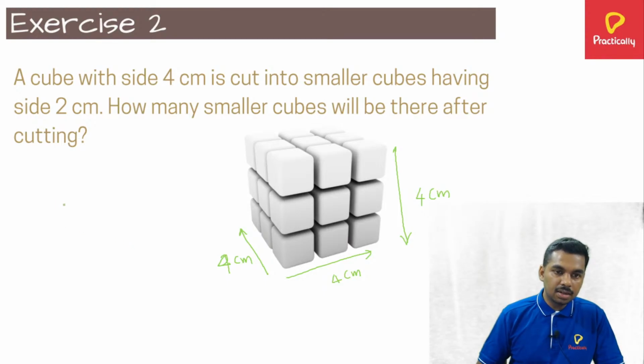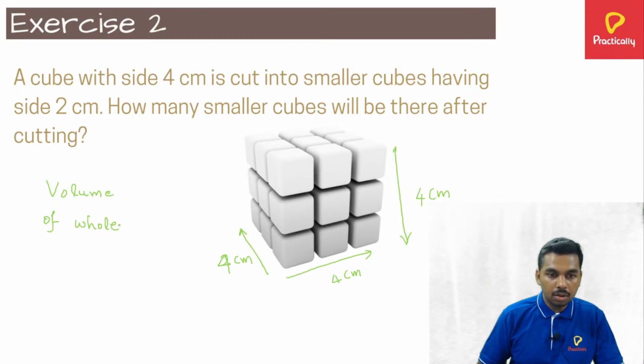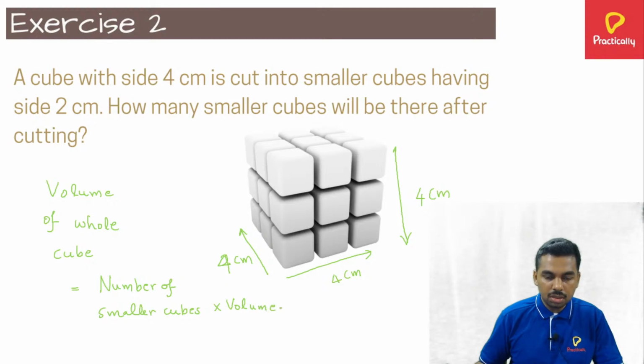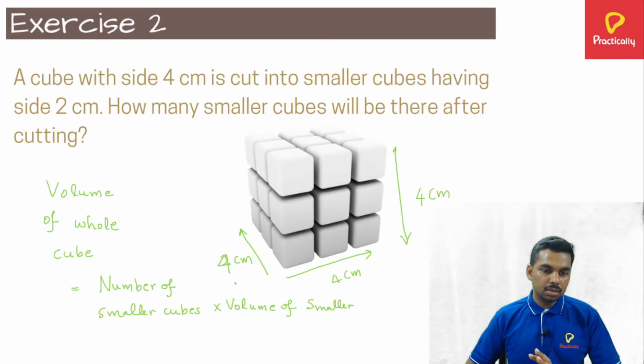The principle here is that the volume of the whole cube is equal to the number of smaller cubes multiplied by the volume of a smaller cube. This is the formula that you have to use. In Vedic mathematics, this is called Anurupyena. Anurupyena means proportionately.